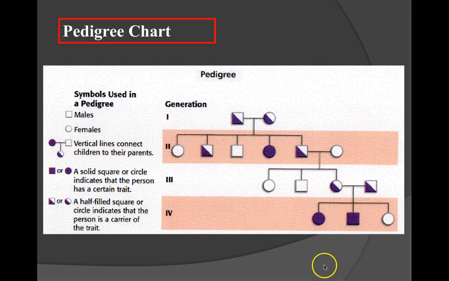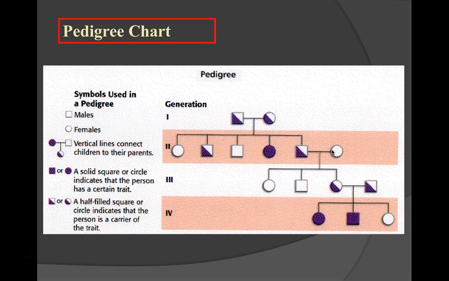So then from there you can figure out what everyone else's genotypes are, because you know that their parents are heterozygous, and you know that any carrier is going to be heterozygous, which then only leaves the unshaded individuals to be homozygous dominant. So that's how you're able to follow a particular trait or a particular disorder through the family.